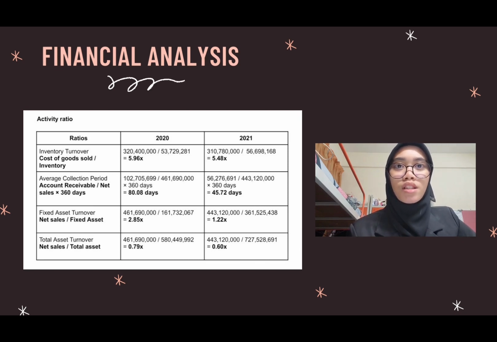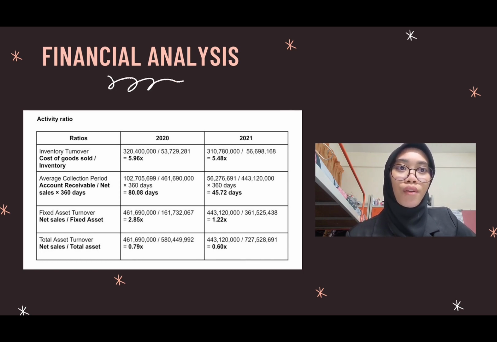For the last activity ratio that we calculated, the total asset turnover, net sales will be divided by the total assets. So it would be 461,690,000 divided by 580,449,992 equals 0.79 times, which is the total asset turnover for the year 2020.